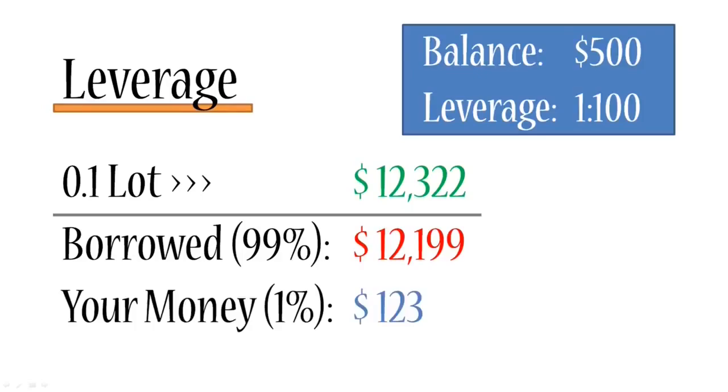All you have to invest is $123 of your own money. That is 1% of the transaction, and that is much more affordable with your balance of $500. And in this case, you can now conduct this transaction and participate in the Forex market, either buying or selling the euro dollar. So that's how leverage works.